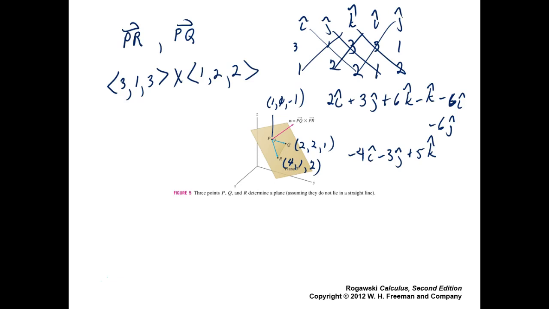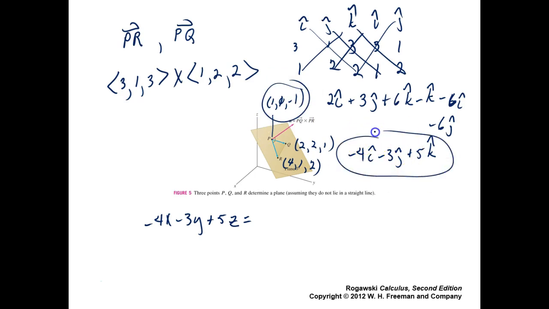Exactly. So the equation for the plane would be minus 4x minus 3y plus 5z. Okay? But now we need to get your constant, that d, whatever that is. Well, let's take the point P, this point right here, and dot it with this.